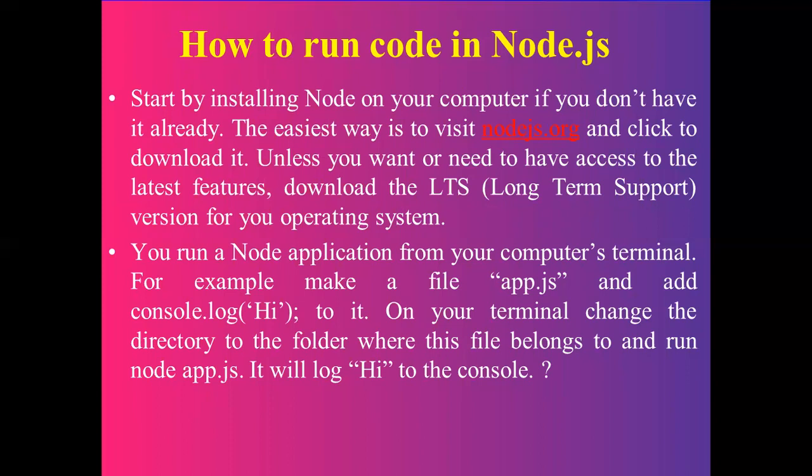After executing this, it will show the log hi on the console, if you wrote console.log with hi in brackets. So how to run? Simply move to your directory, that means change the path on your terminal, and write node app.js, node and your file name. This is the way you can run your Node.js code.